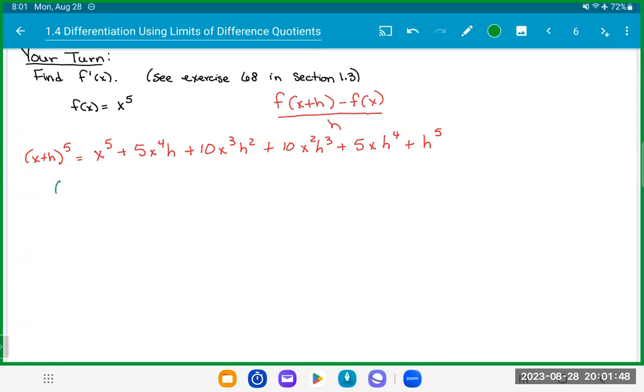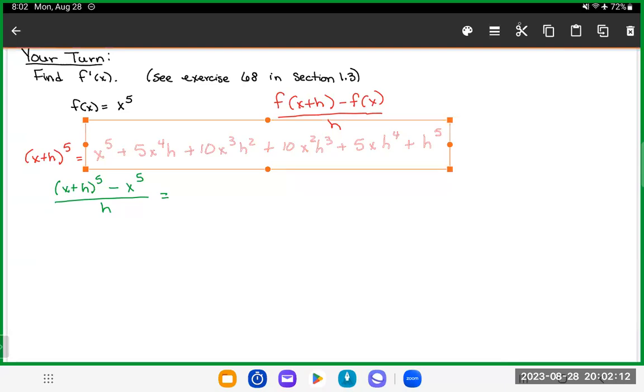So we have this one as (x plus h) to the 5 minus x to the 5, over h. So this is just our f of x plus h minus f of x, over h, okay? And so that equals all of this. I'm not going to write that again.